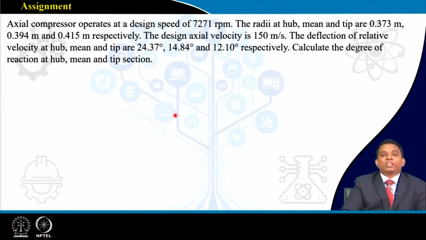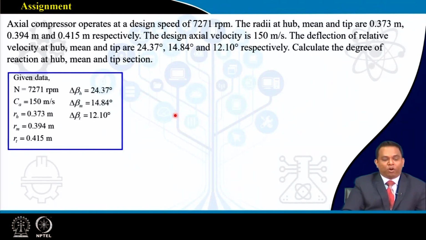The design axial velocity is 150 meter per second. The deflection of relative velocity at hub, mid and tip section are 24.37, 14.84 and 12.1 degree respectively. So you need to calculate what will be the degree of reaction at hub, mean and tip station.